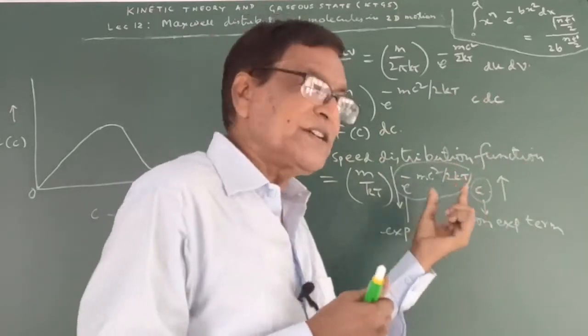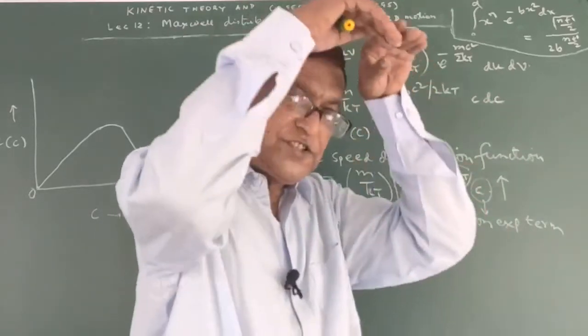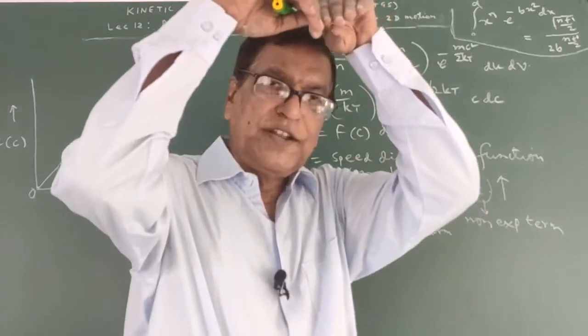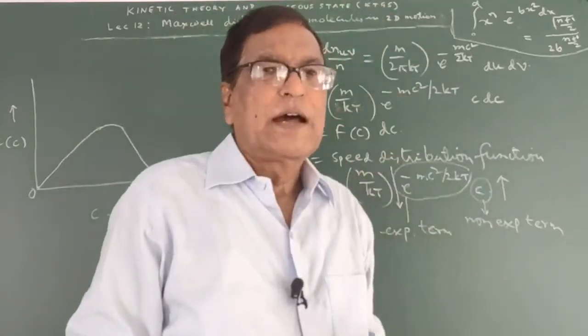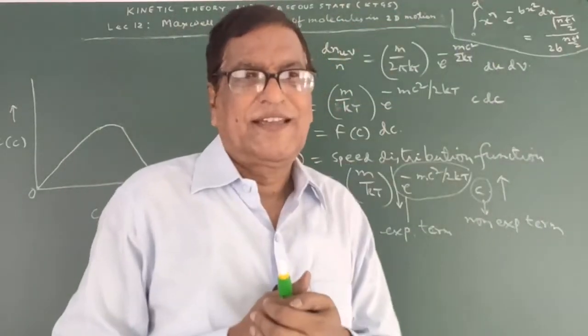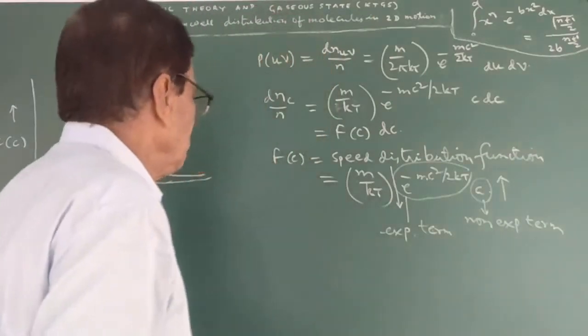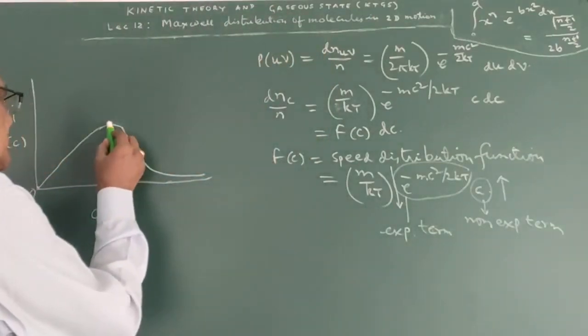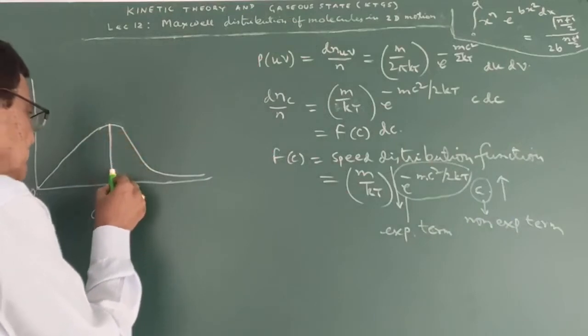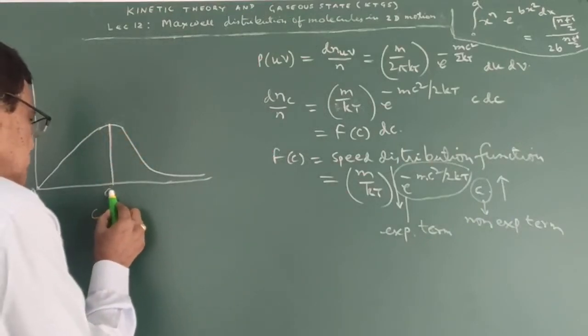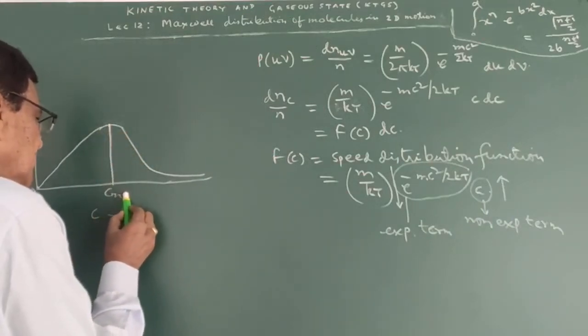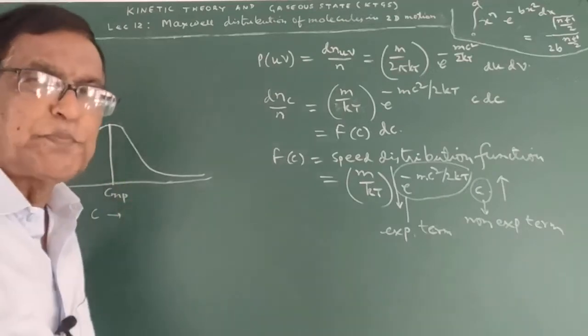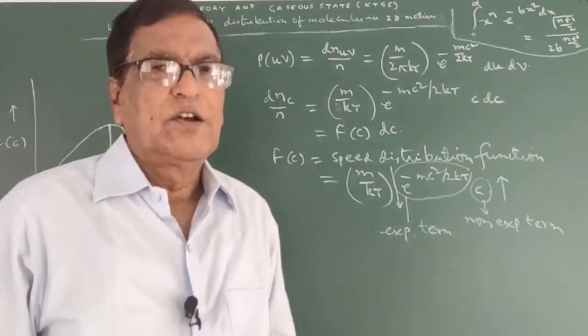So this exponential term will decrease the curve very sharply after attaining this peak. And naturally you can see this is the maximum, and this one is CMP, the most probable speed in 2 dimensions of the molecules.